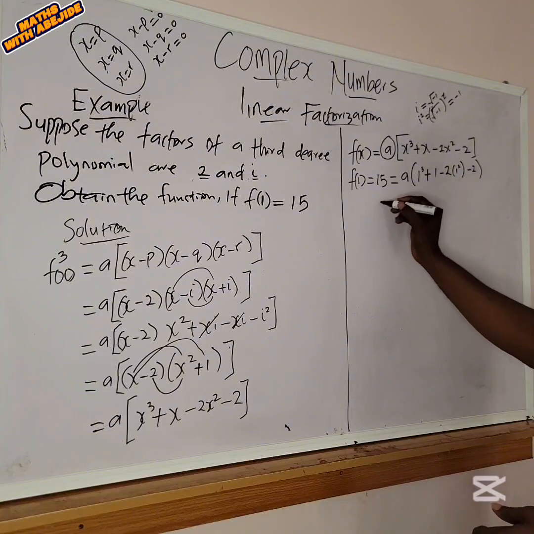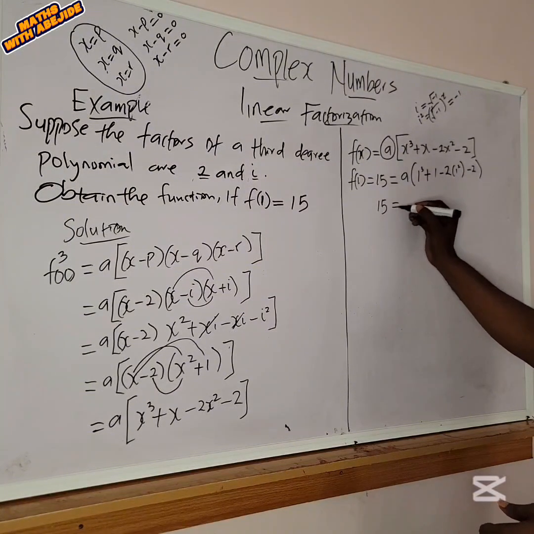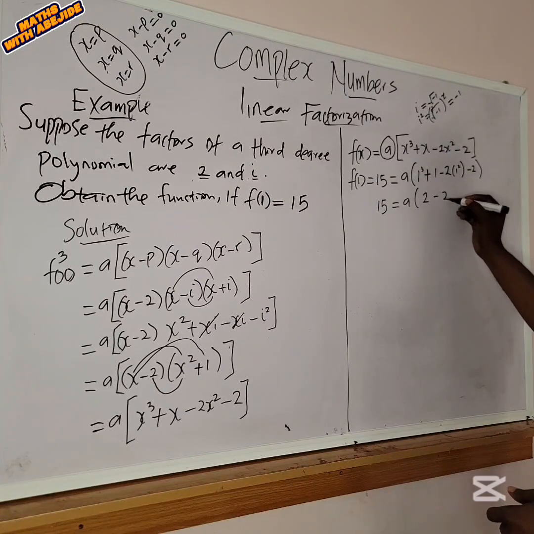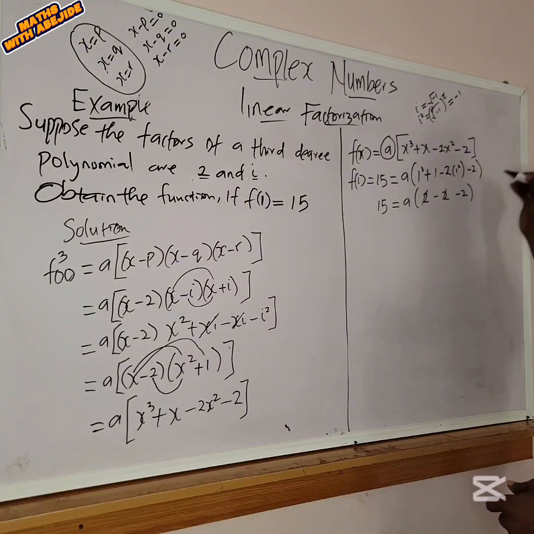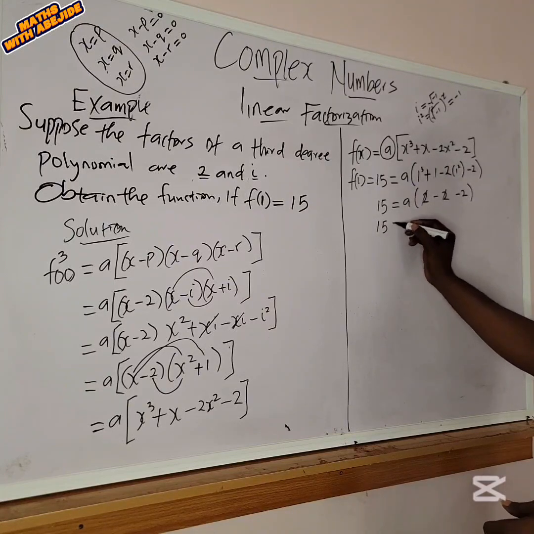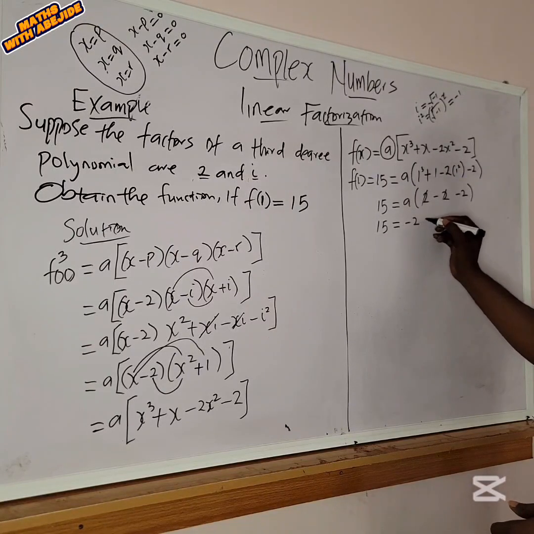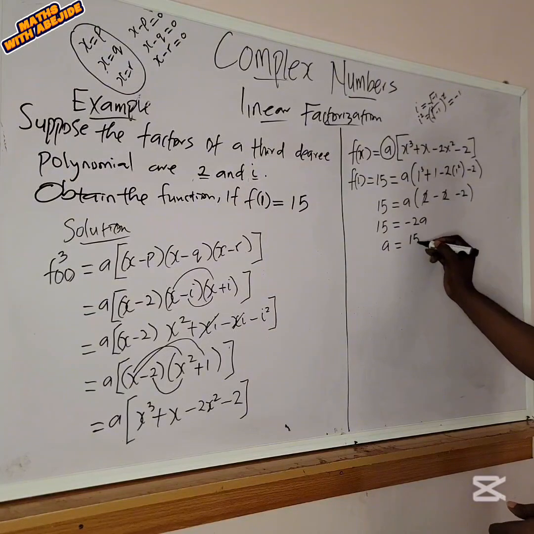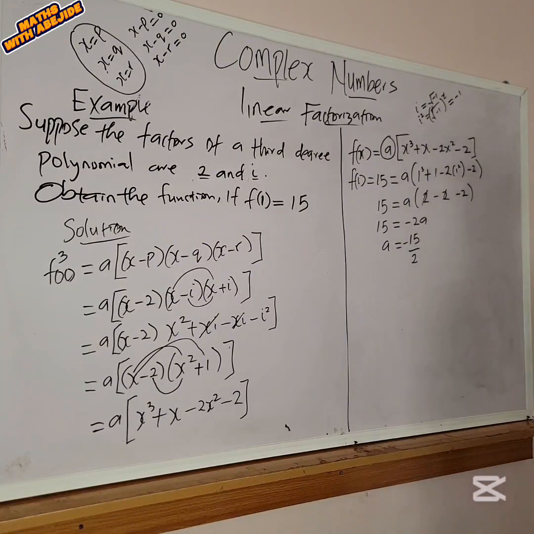So we have it look like 15 equals a, that means this and this will give you 2, minus 2, minus 2. So let this cancel this. We'll be left with minus 2. That means 15 equals minus 2a, right? That means a equals 15 divided by 2, all negative.